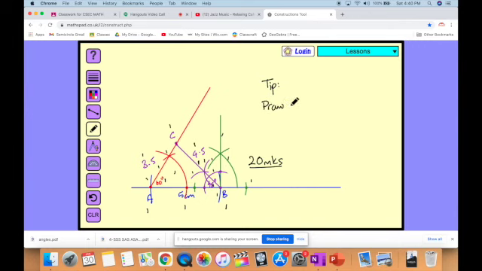Draw construction lines very lightly. Make sure they can see it, but you see what's going on, how confusing this is. So you want to draw your construction lines very lightly and draw the final shape heavy.